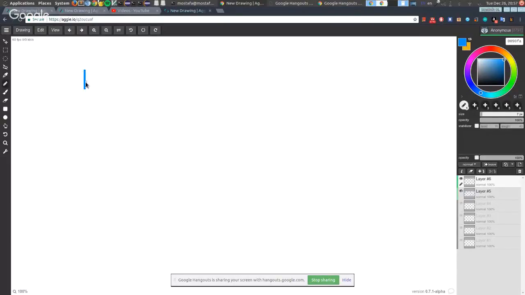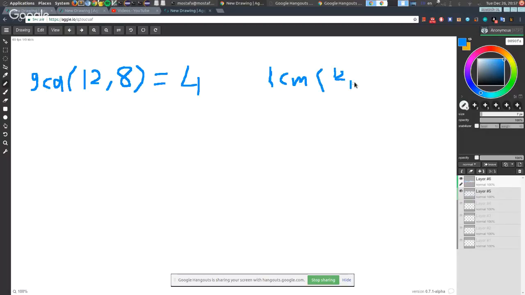You can get examples on that. Let's say, what's the GCD of 12 and 8? The greatest number that divides both is 4. The LCM of both is, I think, 24. And so on. We can keep getting other numbers.